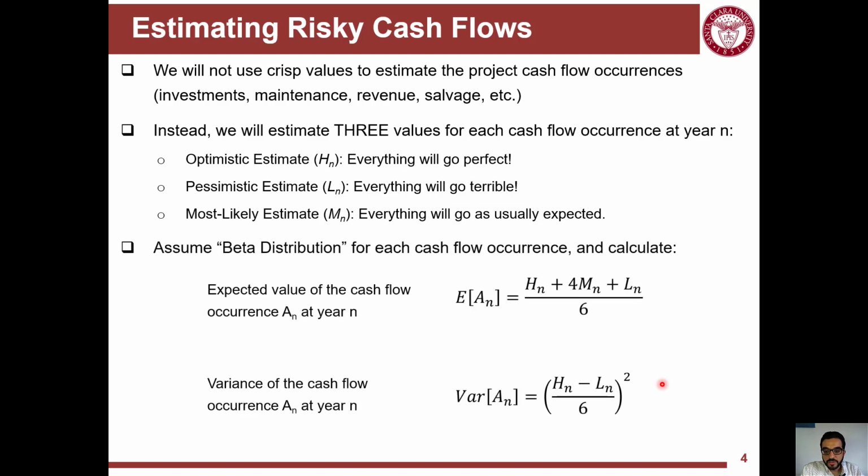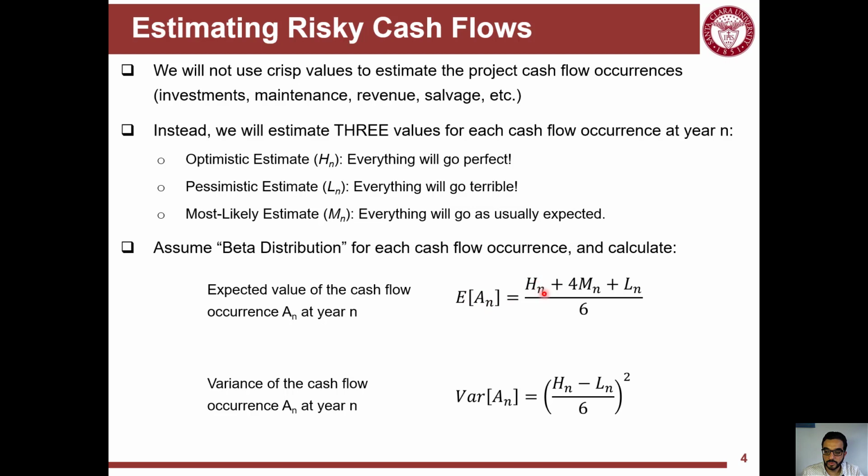Then we'll assume a beta distribution for each cash flow occurrence, following these three parameters that we estimated. For that beta distributed cash flow, we will be able to calculate the expected value of the cash flow at year end.